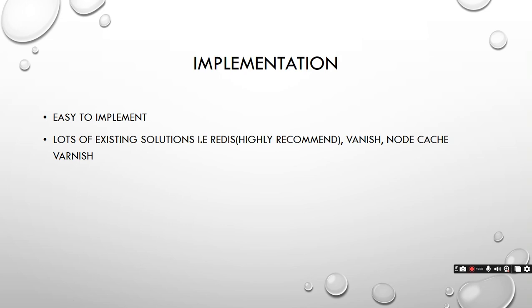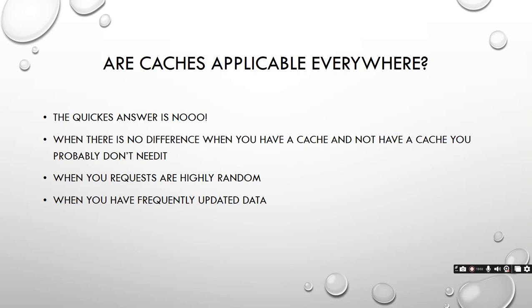And is cache implementation applicable everywhere? The quickest answer is no. When there's no difference between having a cache and not having a cache in your code, you probably don't need the cache, because why put it there when you don't actually need it?